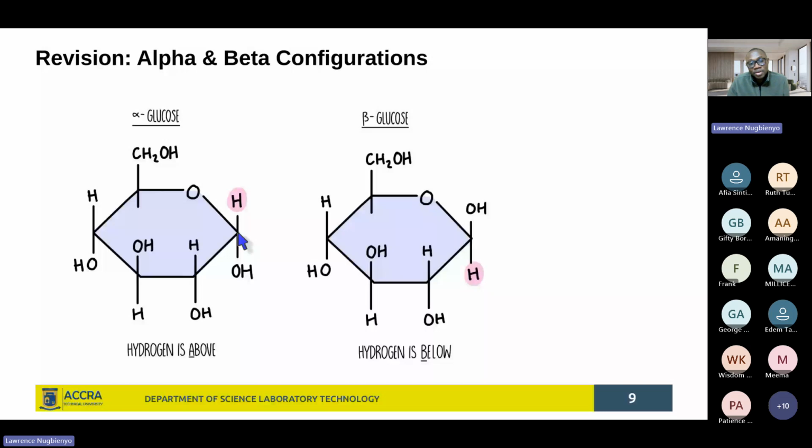And on that anomeric carbon, you can have the groups rotating. So the hydrogen and the hydroxyl group can be rotating. And when you have the hydroxyl group pointing downwards, you have the alpha configuration.